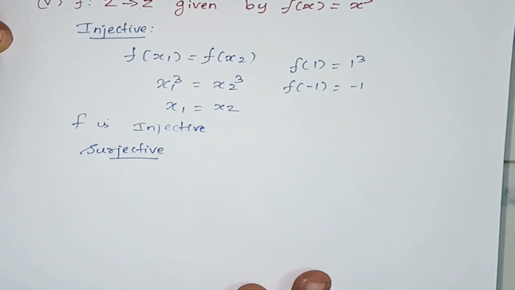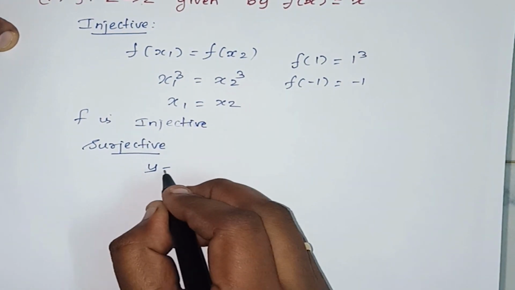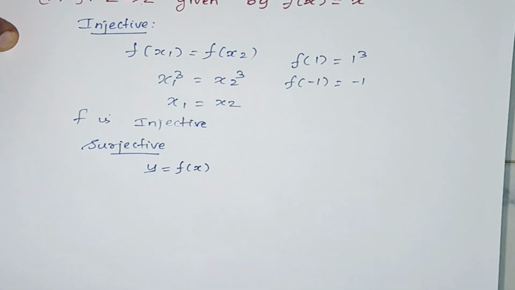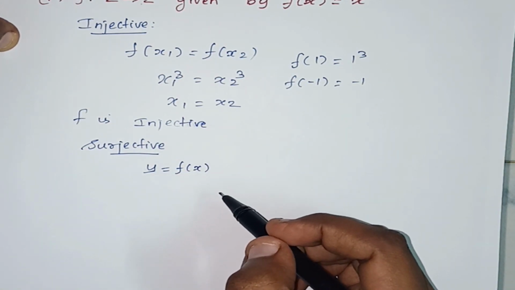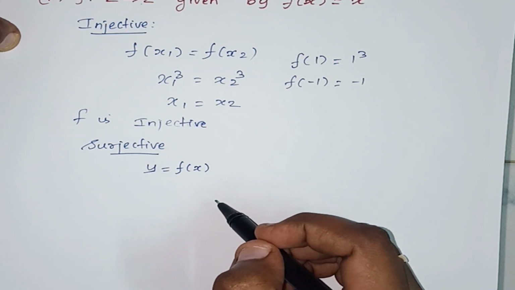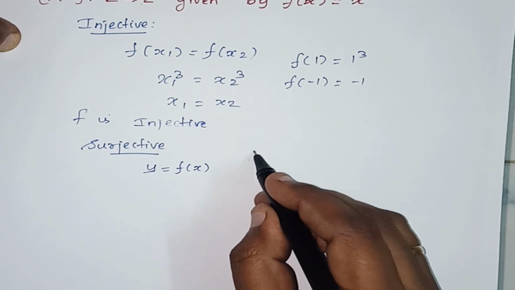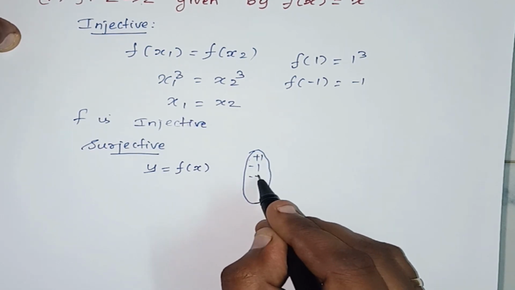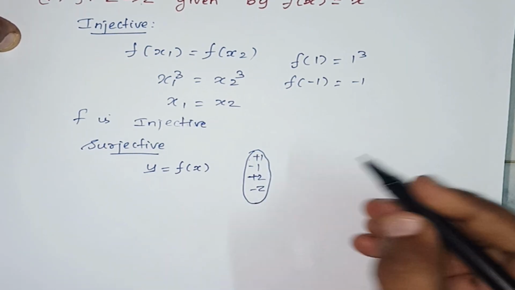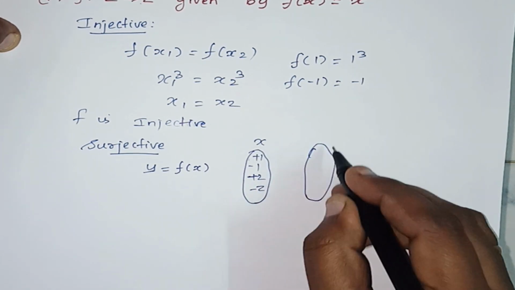Next we need to check this surjective function. So surjective means y is equal to f of x, right? So here both domain and codomain are integers, both positive integers and negative integers, right? So integers means it should be plus 1, minus 1, plus 2 and minus 2, like that. So here x, this is y.